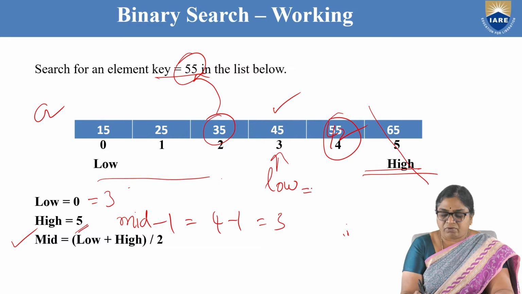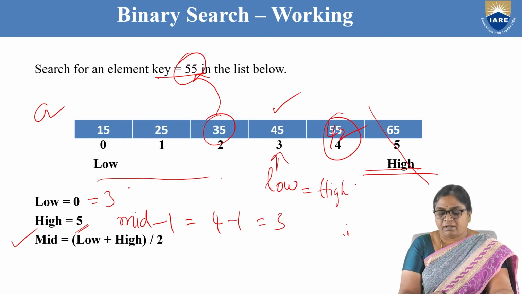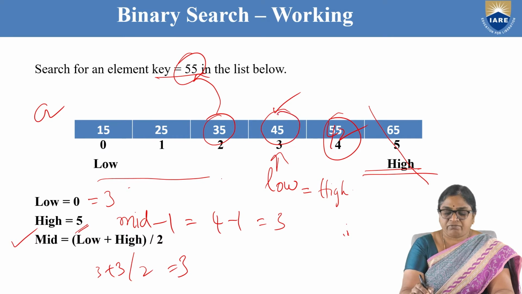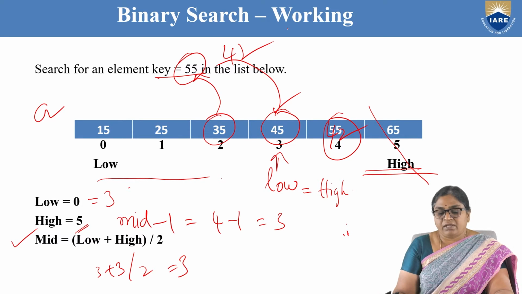So here low is equivalent to high. Low is equivalent to high. So 3 plus 3, next time when we are calculating the next iteration, we will get the middle value as 3. Now we will compare this 45 with the key element, which is 42 now. So here it is not a match.